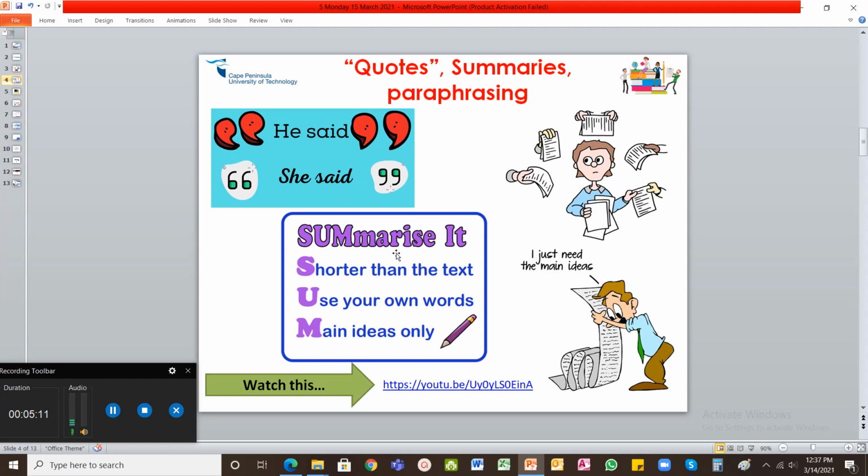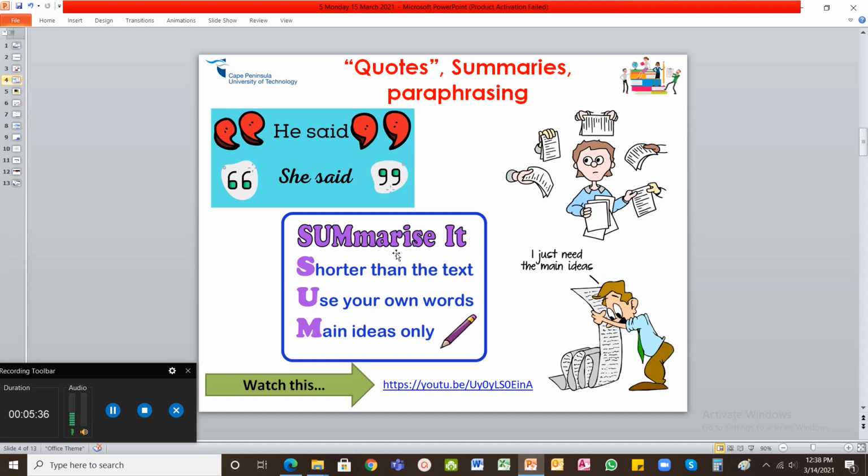A summary is if there is more than one article that you use and all the articles are saying the same thing and you wish to summarize it. A summary is basically taking a very long story of somebody and writing it over in your own words, but still maintaining the idea.